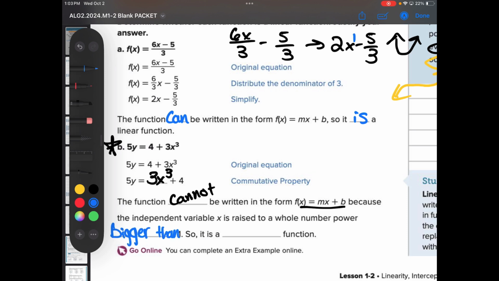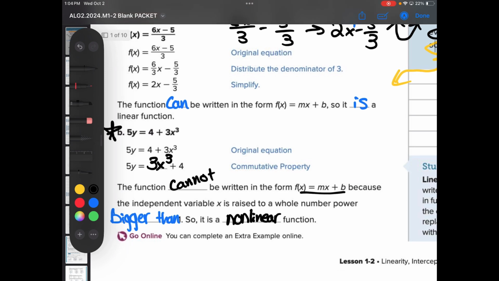So it's raised to the power of 3, therefore it's not a linear function. It's a nonlinear function, not a straight line. So another note I would add is a linear function is a straight line.